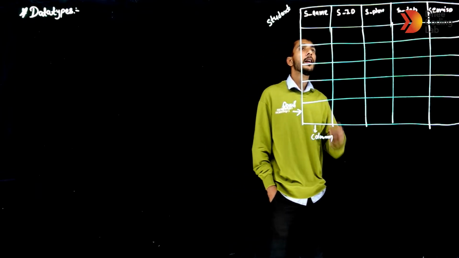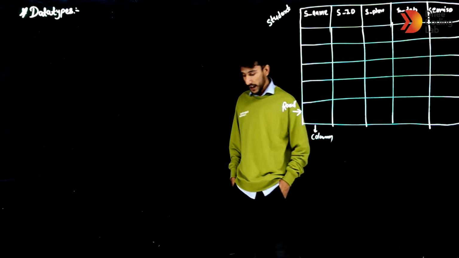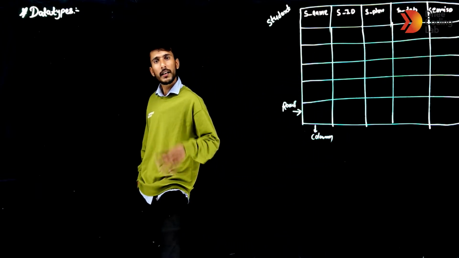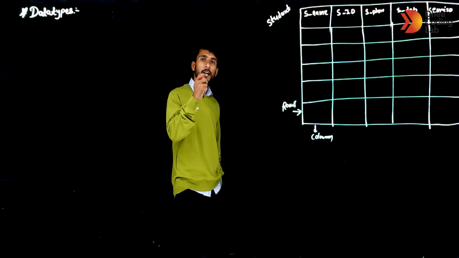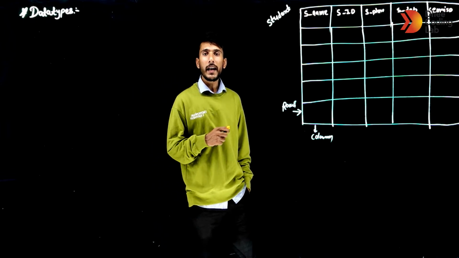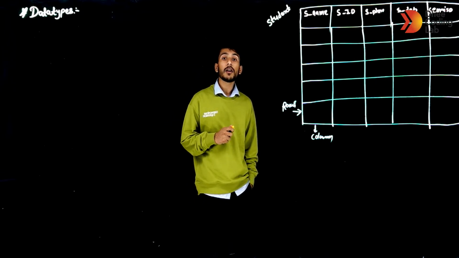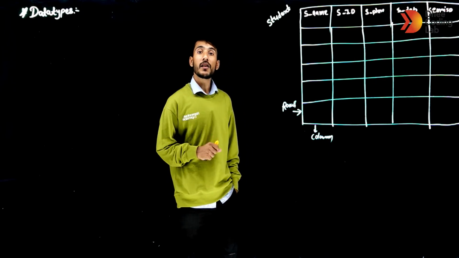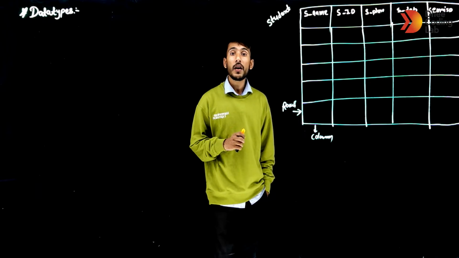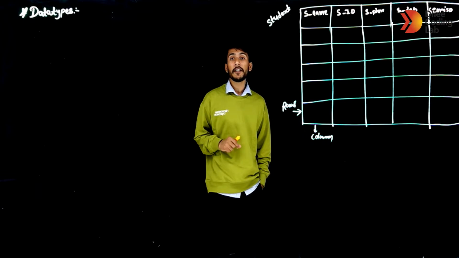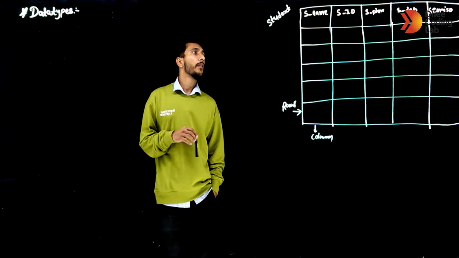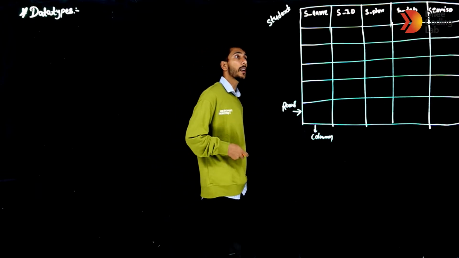Now, if I come again to my student ID, let's take an example. I have taken numbers as my student ID. In your college you have an enrollment number, and in my college I also have an enrollment number, which is a combination of numbers and alphabets. That is my student ID.